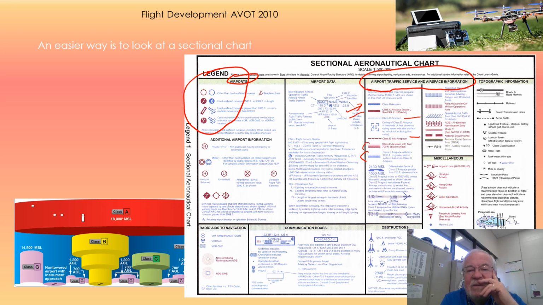And it could be magenta, it could be blue. And backing up to Class E dashed line, that's Class E surface up. Okay, we'll look at some examples.